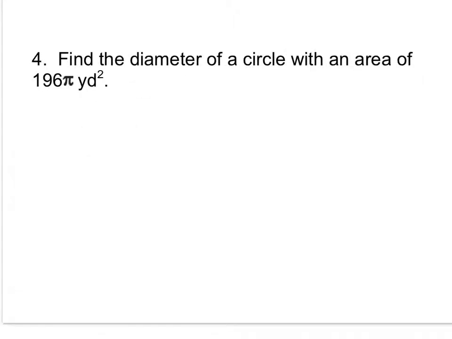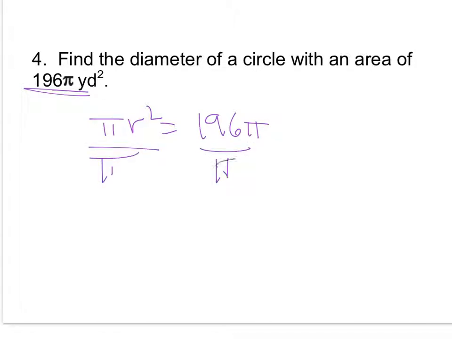Find the diameter of a circle whose area is 196 pi yards squared. Okay, so pi r squared equals 196 pi. This is actually going to work out pretty sweet, because when I divide by pi, that cancels out. This also cancels out, so that's going to be r squared equal to 196.